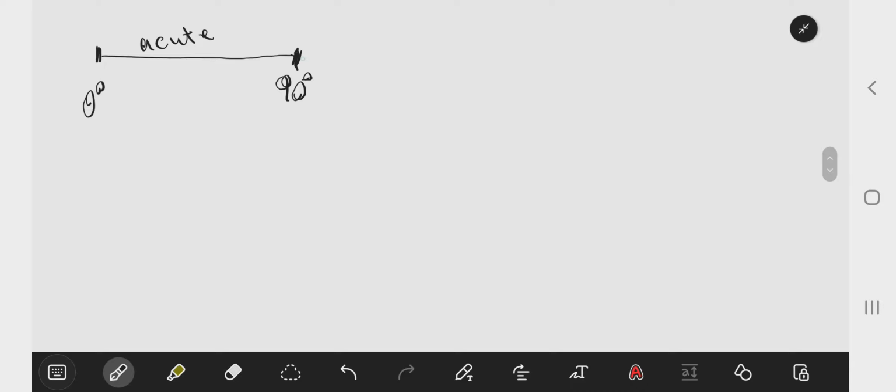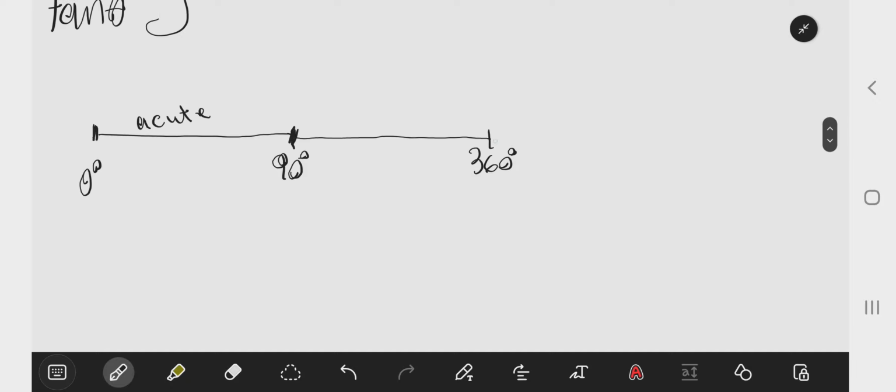So the second region is from 90 to 360, which is a full revolution of a circle, okay? And then the last region is greater than 360. So we have 3 regions here, okay?